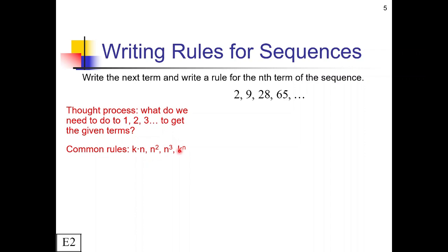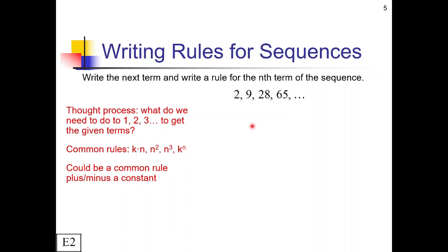Or these could all be some number raised to an increasingly higher power, different powers of a number. And just to make it a little more tricky, these might incorporate one of these common rules, plus or minus some constant. So we might be multiplying by some number and then subtracting a number.